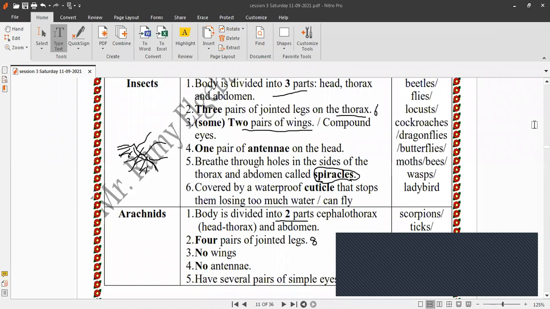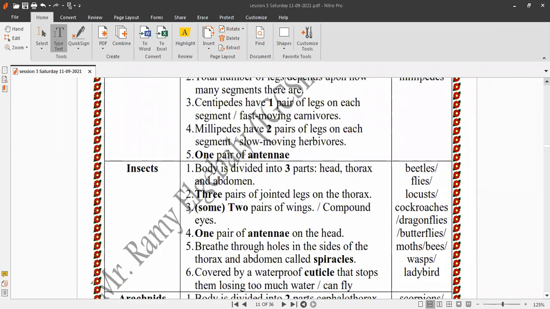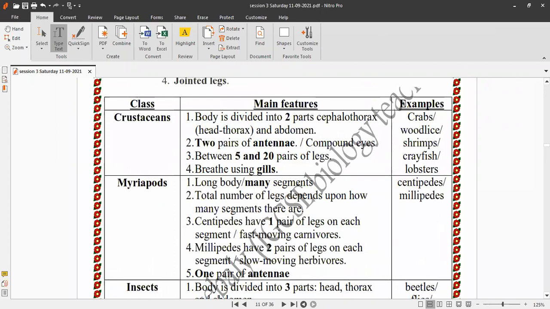Are we required to learn about annelids and nematodes in IGCSE? Because when I saw some past papers, I found some questions for them. Annelids and nematodes, this is for worms.